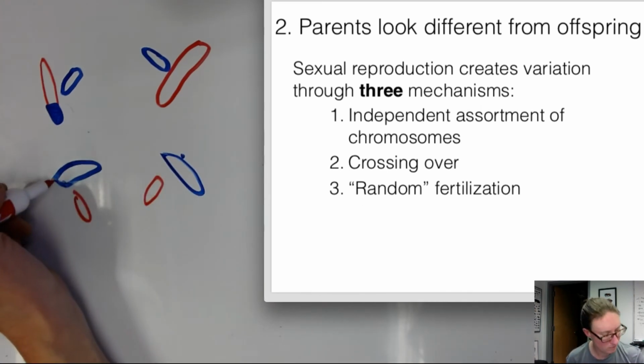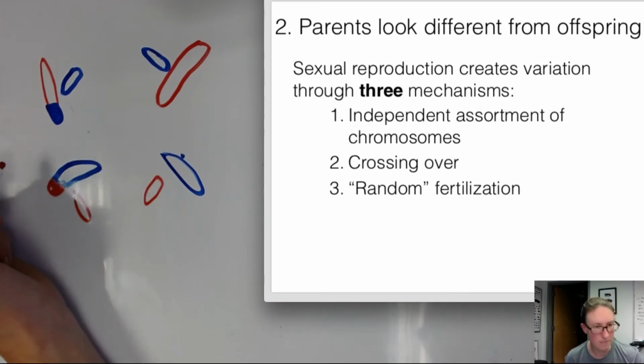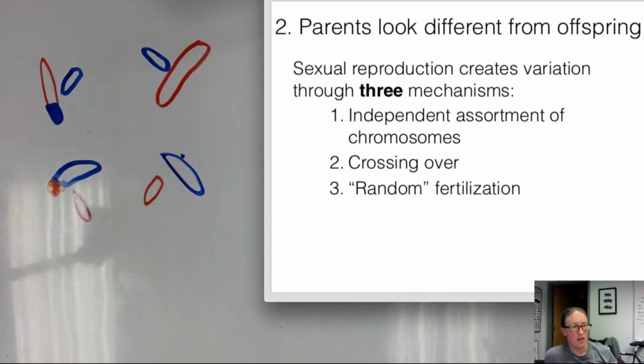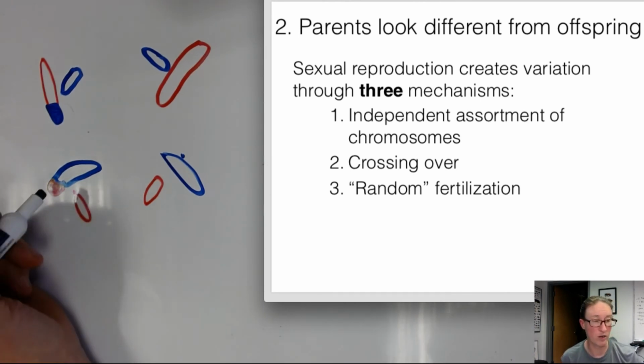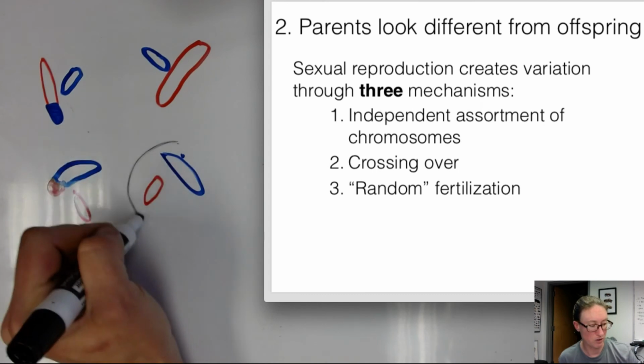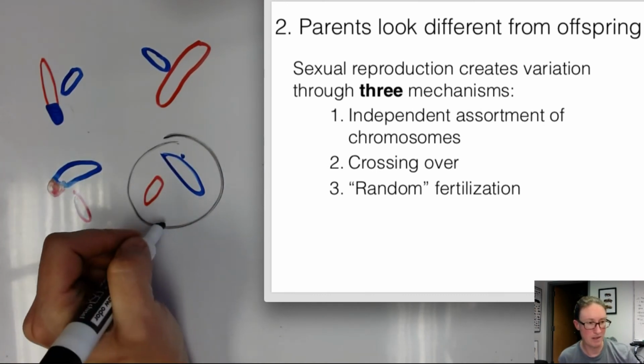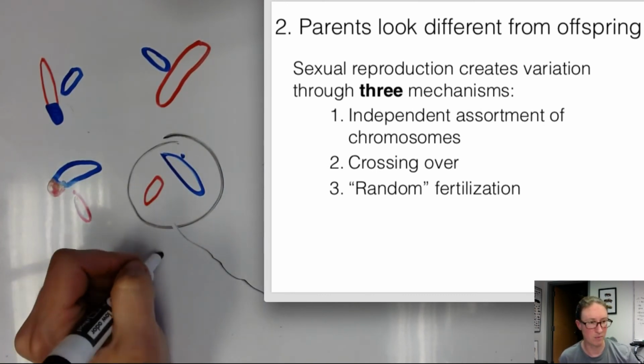Okay. So, you know, when a mating event happens, which of these winds up being a gamete and which one winds up going on to fertilize? So maybe this is going to be the lucky winner this time, right?